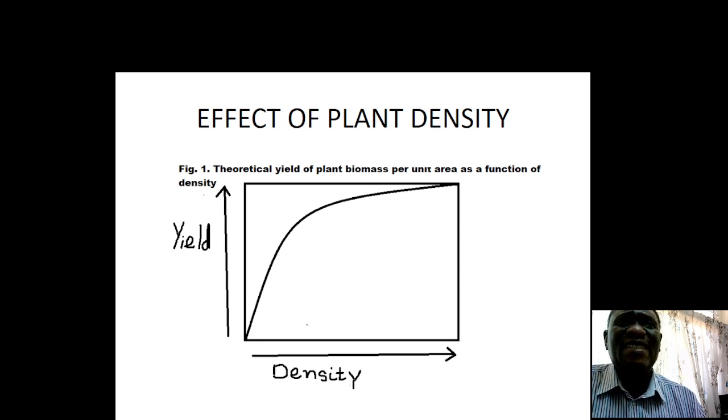If you increase the density of maize, you are increasing yield. And there's some way where we can maximize yield by varying the plant population or density.